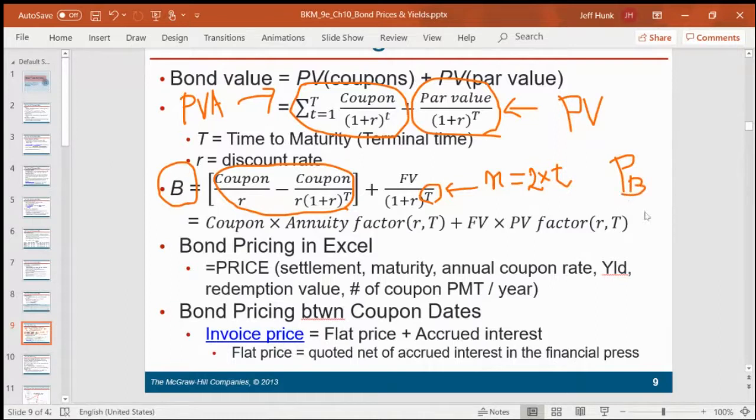But P subscript B and uppercase B actually refer to two different things. Why? First of all, uppercase B is the rational price of the bond, or fair value, or intrinsic value.